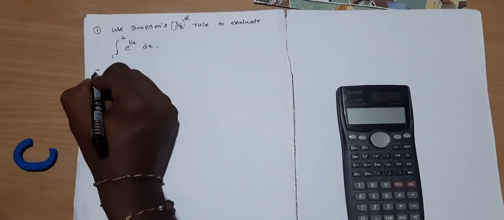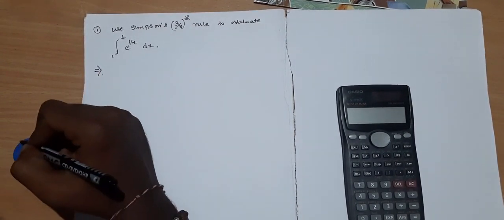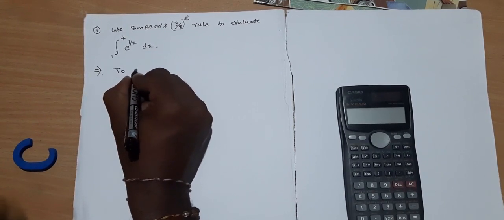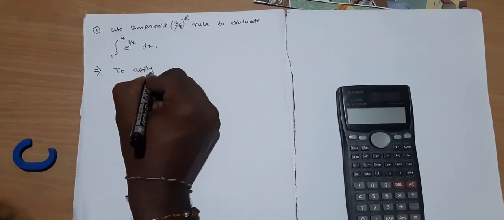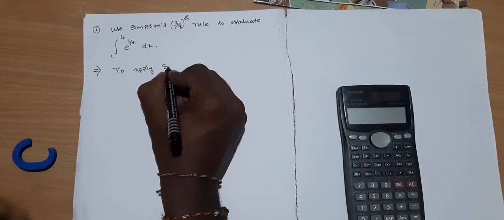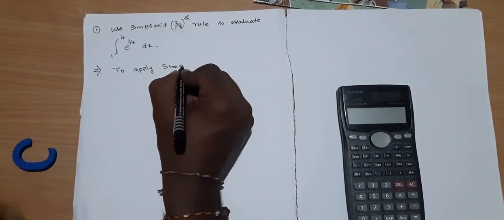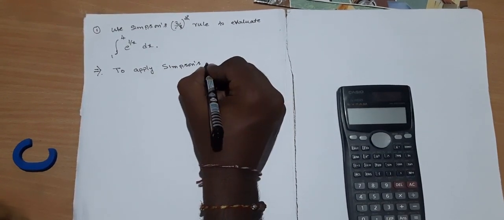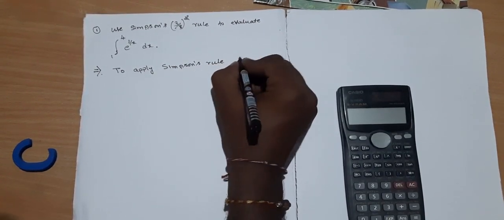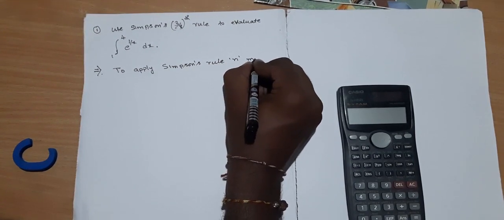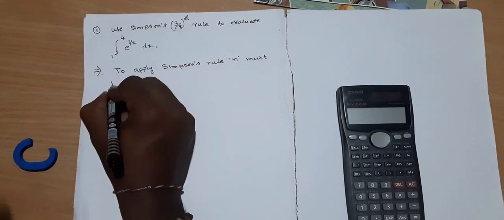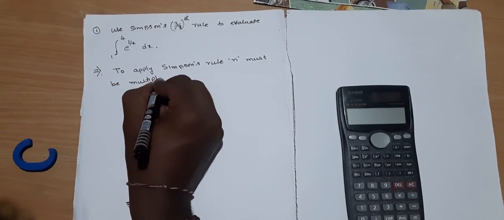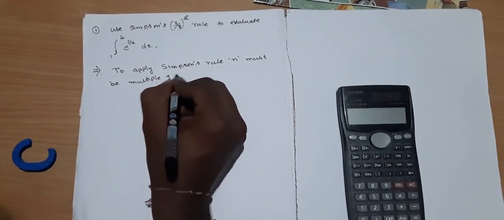So solution: first you have to find out the n value. To apply Simpson's three-eighth rule, n must be a multiple of 3, right?